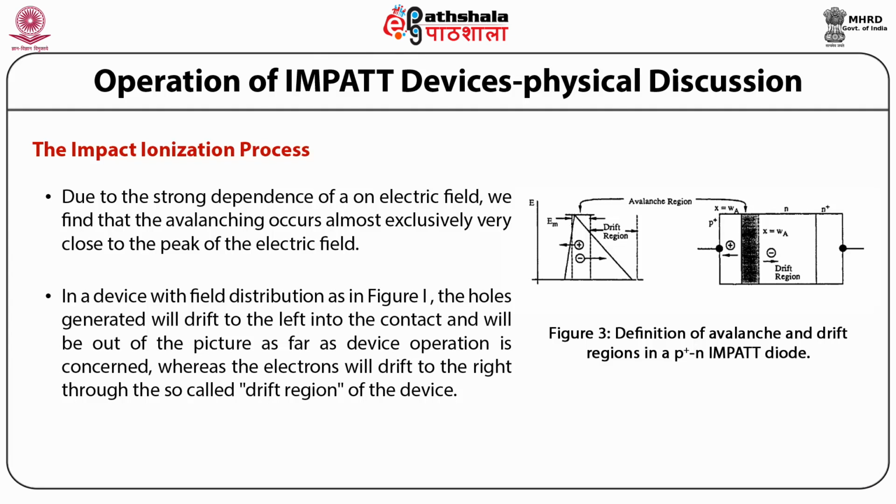In a device with field distribution which is discussed previously in the figure, the holes generated will drift to the left into the contact and will be out of the picture as far as the device operation is concerned, whereas the electrons will drift to the right through the so-called drift region of the device as shown in this figure.